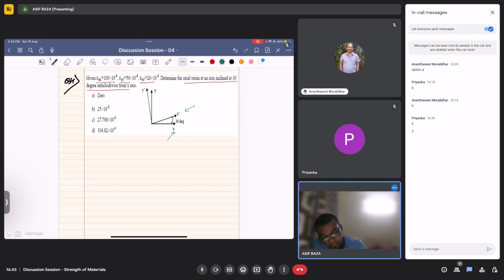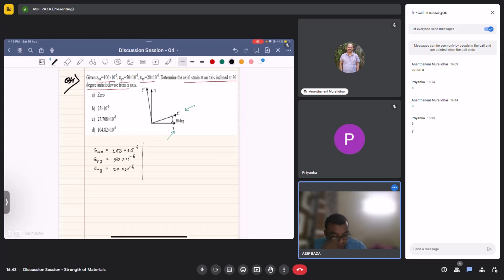The given data: epsilon xx is 100 into 10 to the power minus 6, epsilon yy is 50 into 10 to the power minus 6, epsilon xy is 20 into 10 to the power minus 6.